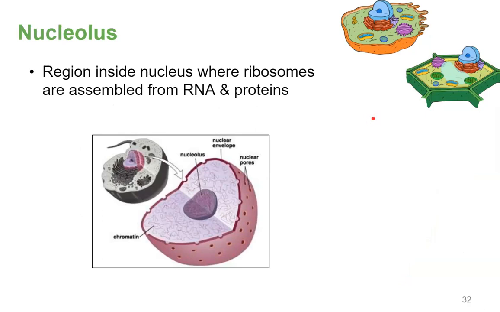The nucleolus is that small dark region inside the nucleus, and that's where ribosomes are assembled, and those ribosomes will leave through the pores and then go to either the endoplasmic reticulum, or the ribosomes will be somewhere in the cytosol.